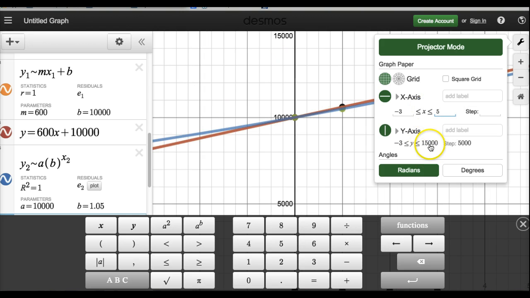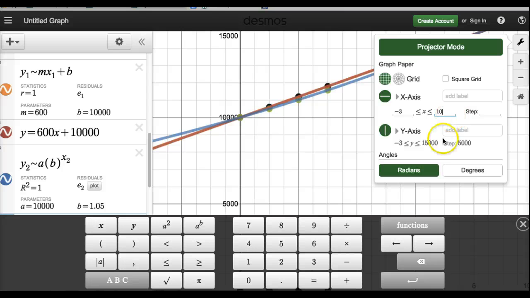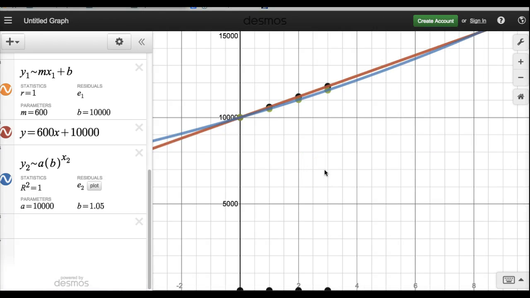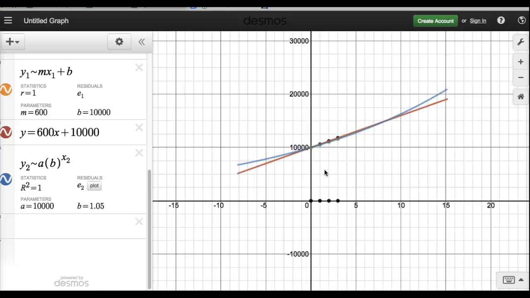So I want to just go up to 5. But for my y-axis, wait, instead of 5, let me just change that to 10. So the whole point is you can do whatever you want, okay? And then the y value, I'm just gonna leave it the same.